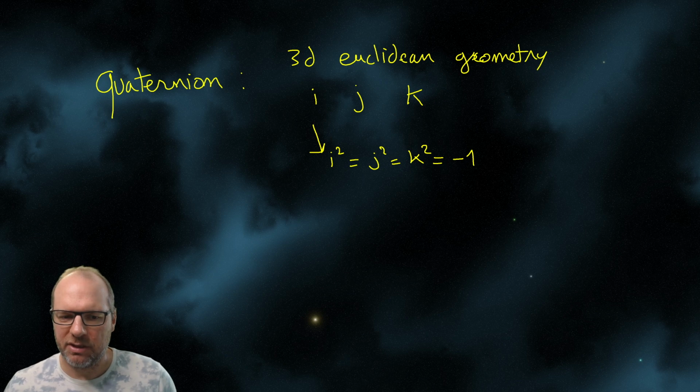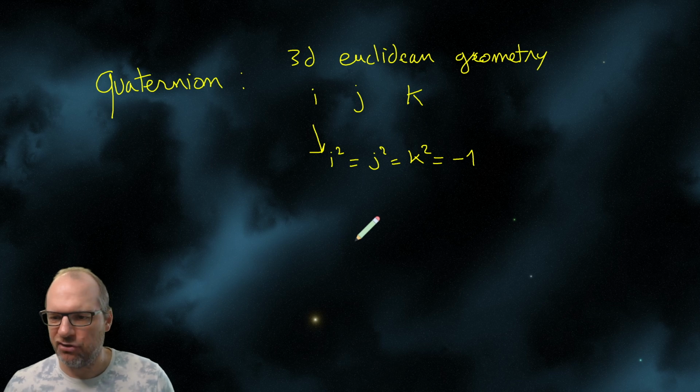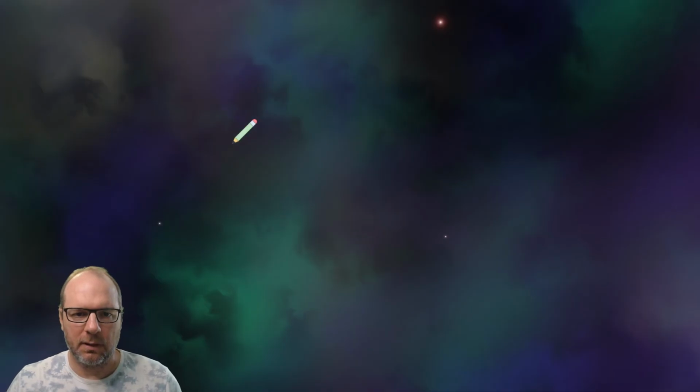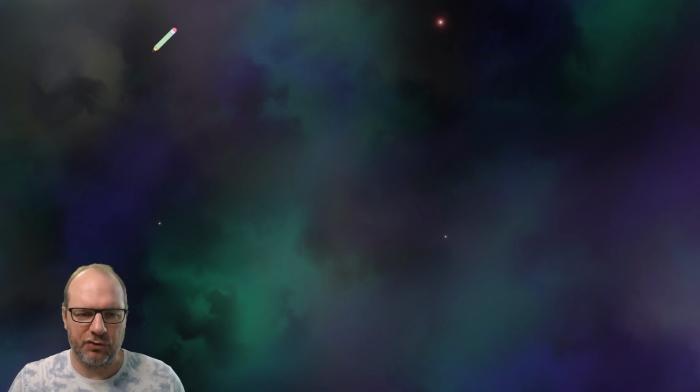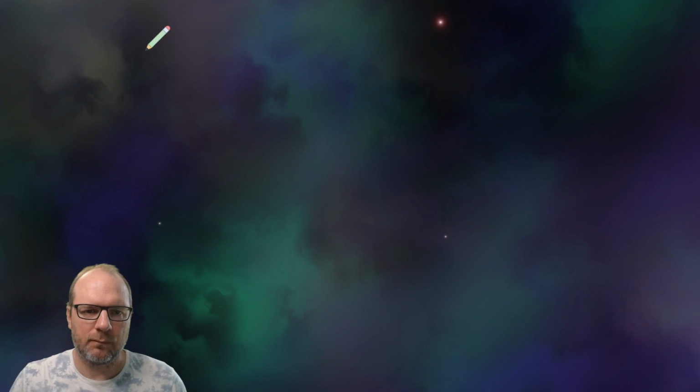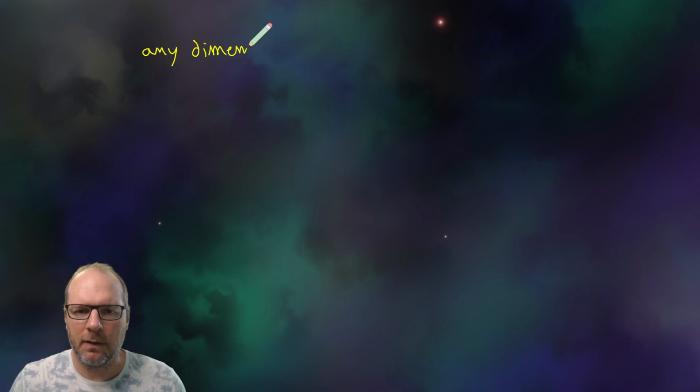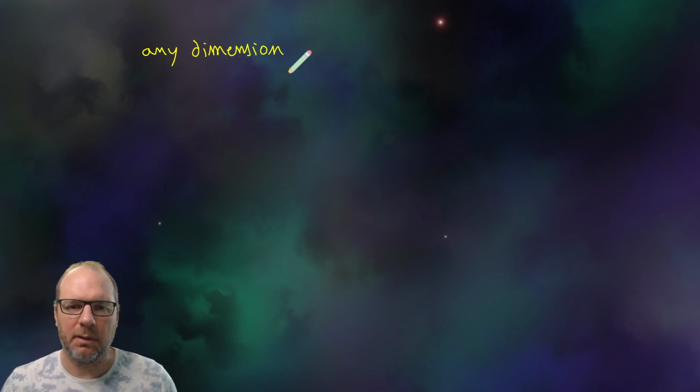In fact, we can generalize this construction for any geometry, for example, in 4 dimensions, 5 dimensions. We can construct a special kind of number which will be useful in any dimension and any metric.